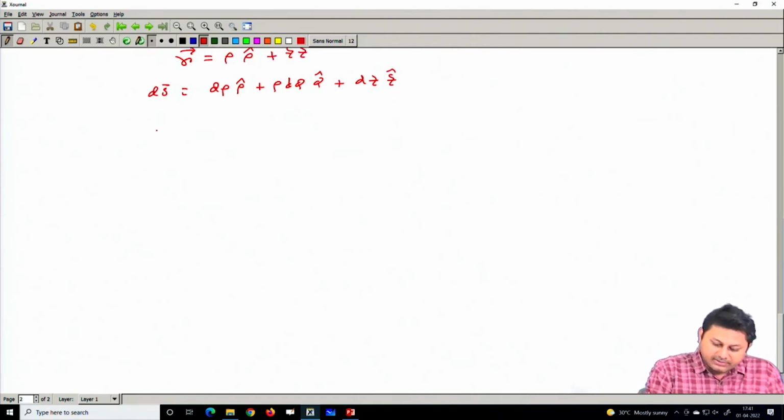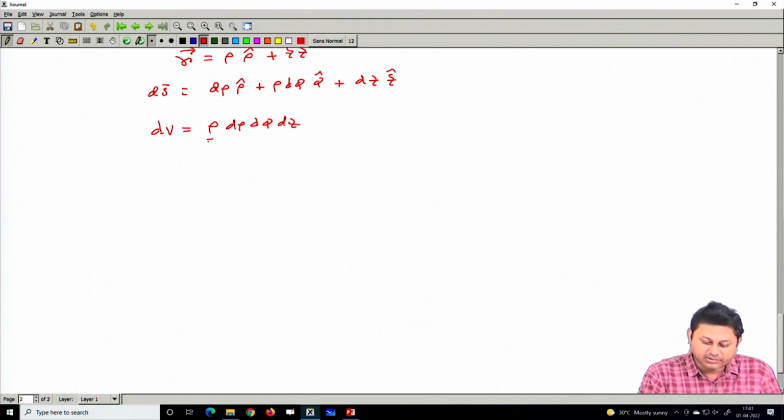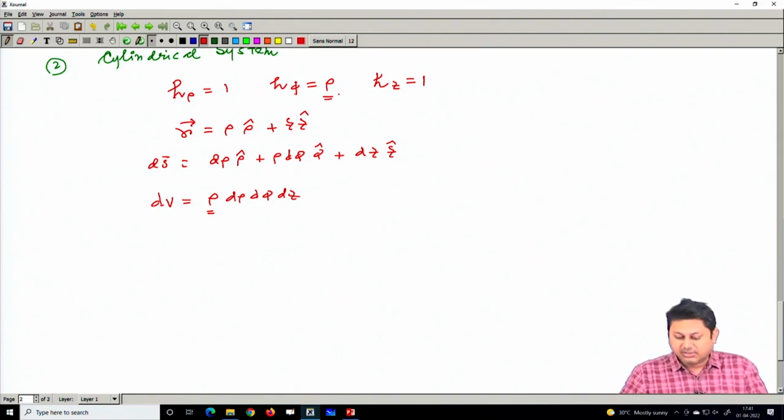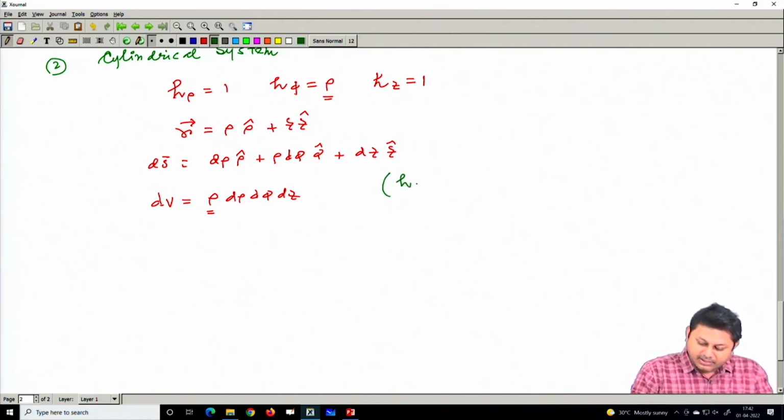What is the volume element here? The volume element is rho d phi dz. This is not d rho d phi dz. Rho is here because we have a scaling factor rho sitting here, and in generalized way the volume element, if you may remember, is H1, H2, H3, and then du1, du2 and du3.